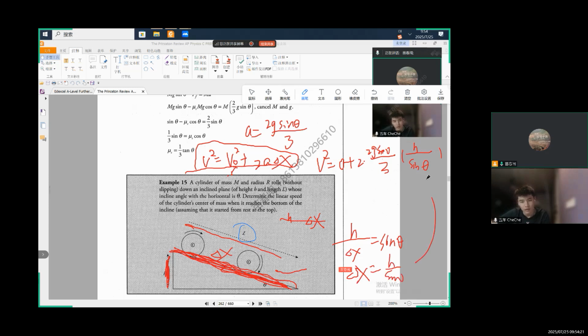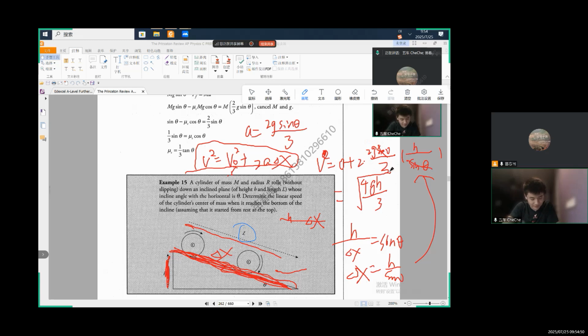So I can introduce that in here. Does it make sense? Great thing, sine theta can be simplified. So 4gh over 3, I can just square root that, which is my answer. Does that make sense? Okay, yeah. You make it seem not that bad.